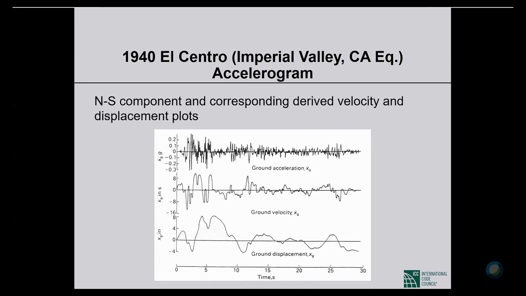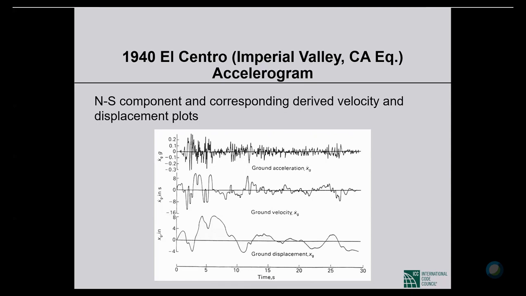Anyway, so the top picture shows you the history of ground acceleration as a function of time. The thing that you see is characteristic of almost all earthquakes, and notice that I said almost, because nothing is true of all earthquakes. Earthquake ground motion is basically erratic.